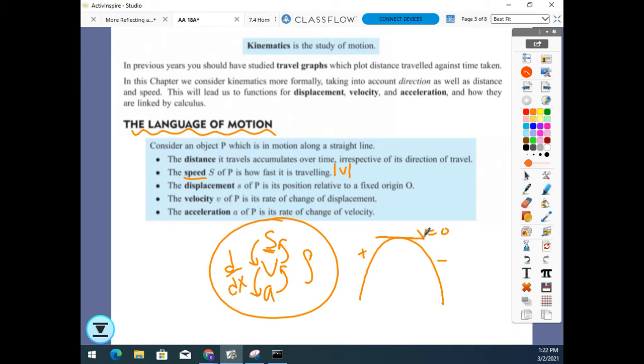Now, speed though is always positive. So on the way up, the velocity is going to equal the speed. On the way down, speed is the absolute value of velocity because velocity is negative, but speed is always positive.